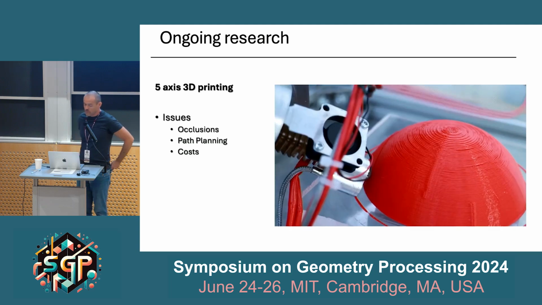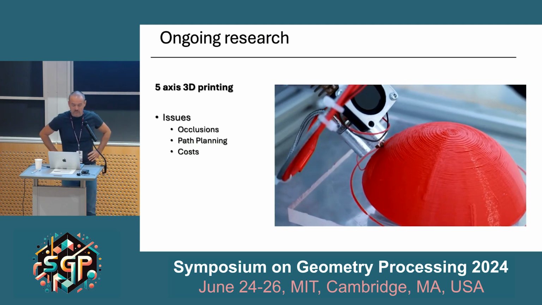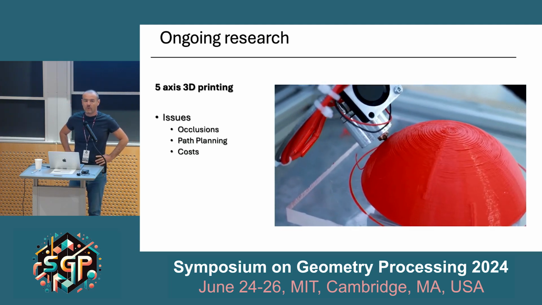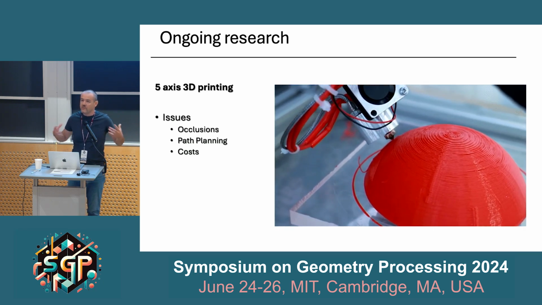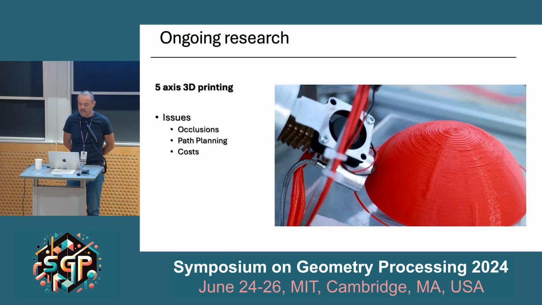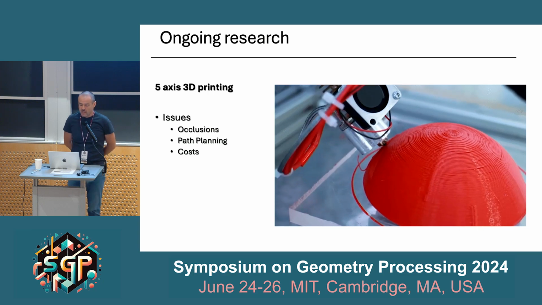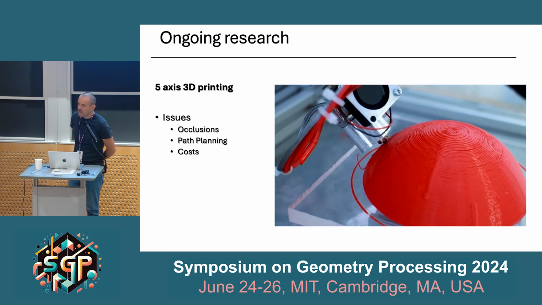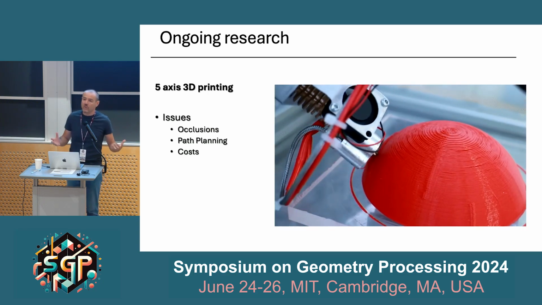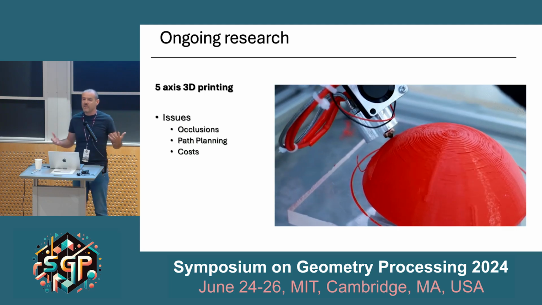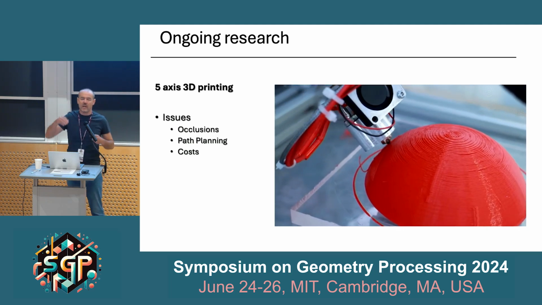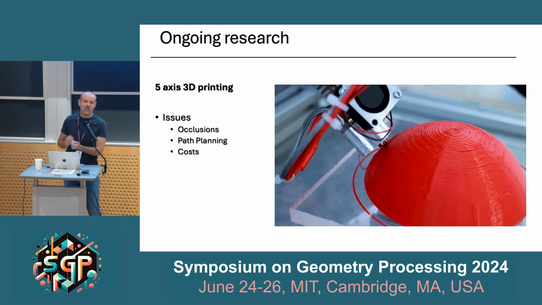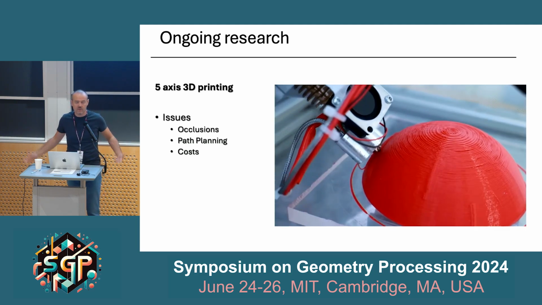As Marco mentioned earlier, there are some labs around the world that are trying to create these devices that use 5-axis 3D printing. Of course, as you see, 3 degrees of freedom make it very easy to program your machines, but you have many limitations, overhangs, you need supports that you cannot always remove, and so on and so forth.